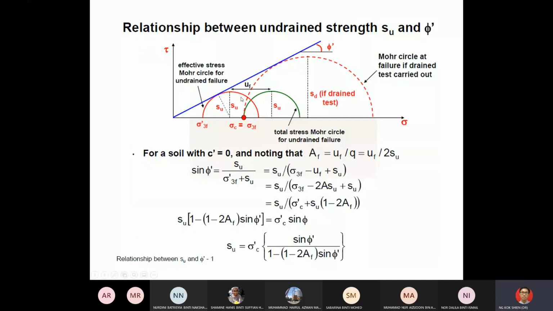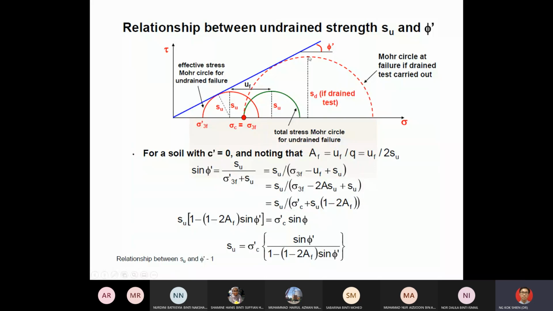Now the question is we need to find the SU here. Let's say if we have the friction angle, can we find the SU? Yes, because you look at here, this Mohr circle is touching the effective stress Mohr failure envelope. This touching line is the same as the drained test Mohr circle. But if you conduct the drained test, you will fail at a higher point.